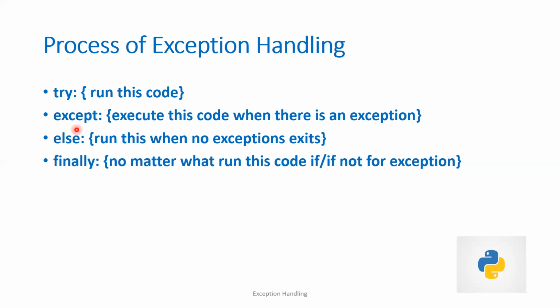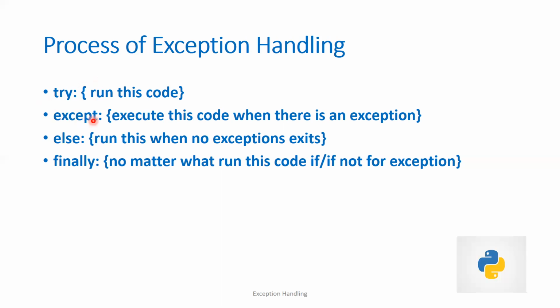Then except will execute its code when there is an exception. The except part is executed when there is an exception in the try block. When an exception occurs in the try block, the control moves to the except, and the commands inside the except block will execute.